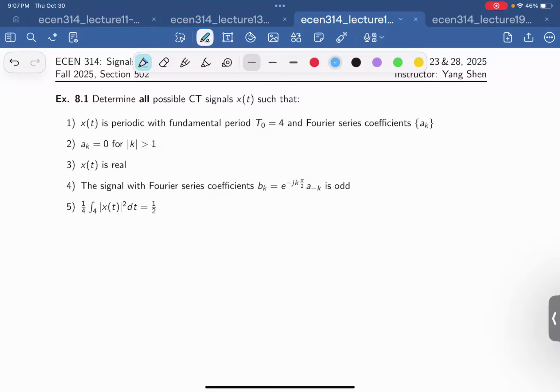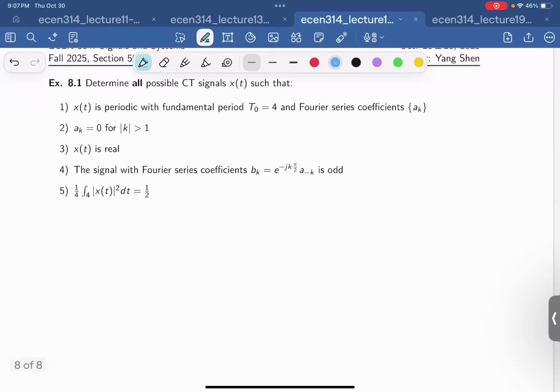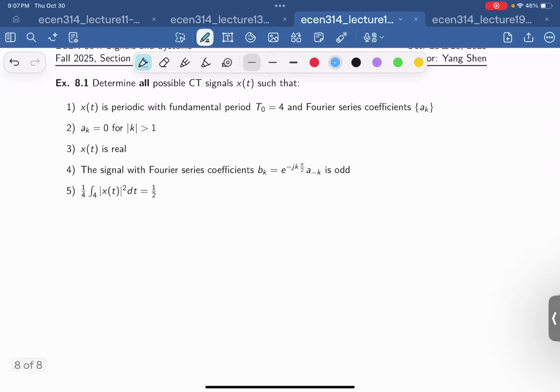Well, first of all, we know that x of t is periodic, right? And then the fundamental period is given, and I need the fundamental frequency. That is 2 pi divided by the fundamental period.